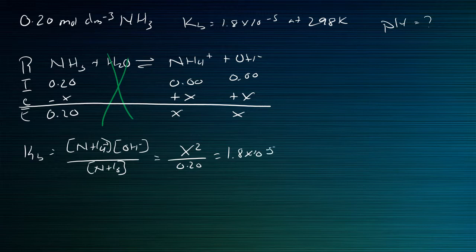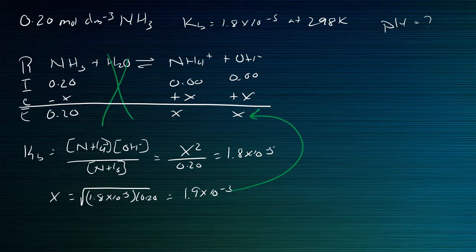And so you can go through and solve for x. So x is the square root of 1.858 times 10 to the negative fifth times 0.20, and that's going to be 1.9 times 10 to the negative 3. And so there's x, and that is our hydroxide ion concentration.